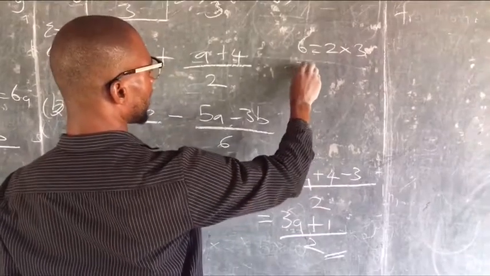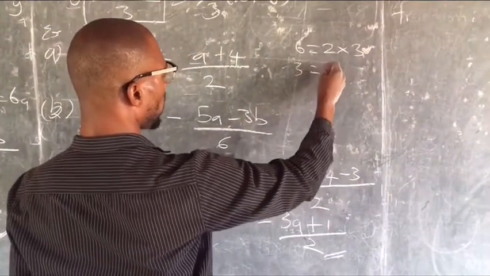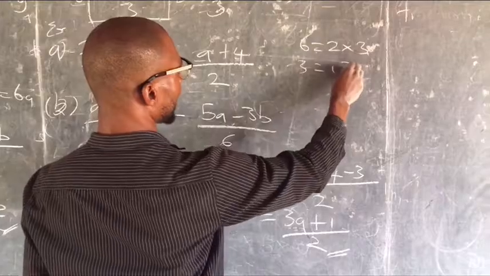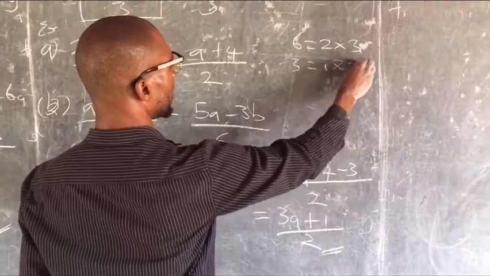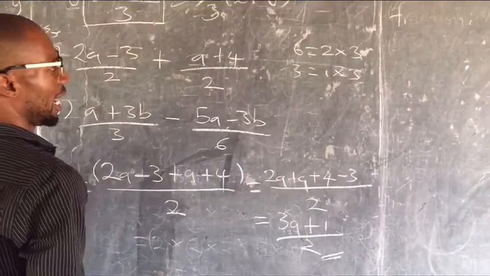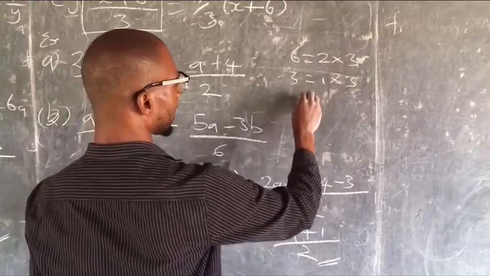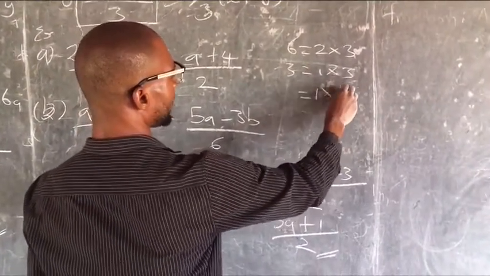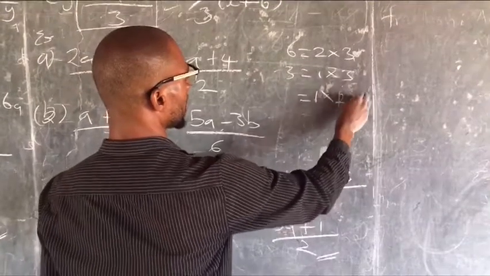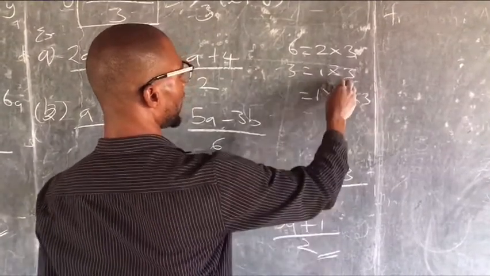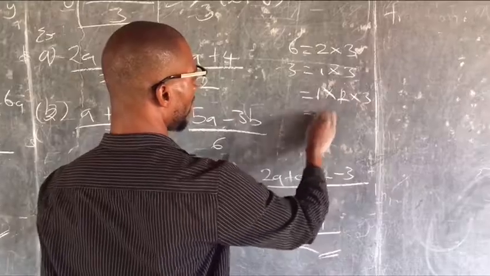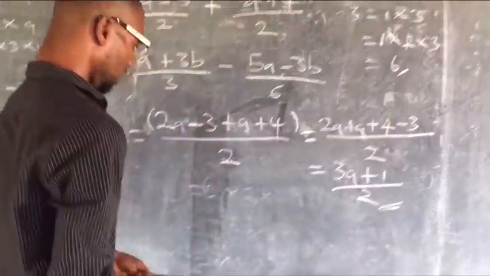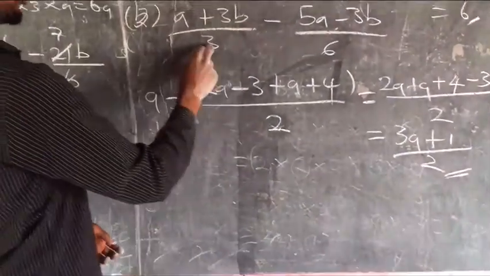And then 3 as product of prime factors, we'll get something like this. So we said we will collect all the numbers if we look for LCM. So we'll collect 1 times 2 times 3, and all of them have the power of 1. So if we multiply all of them, we'll get 6. So the LCM between these two numbers is 6.